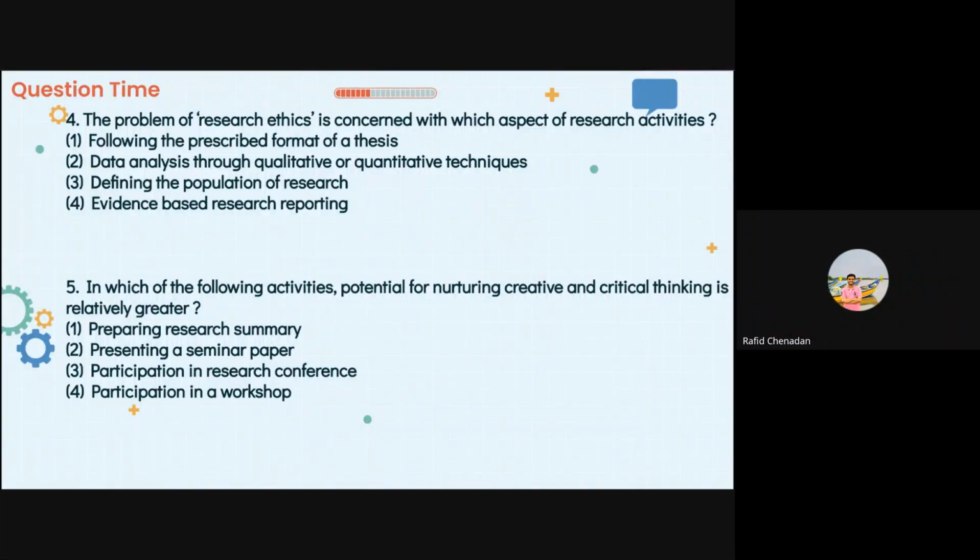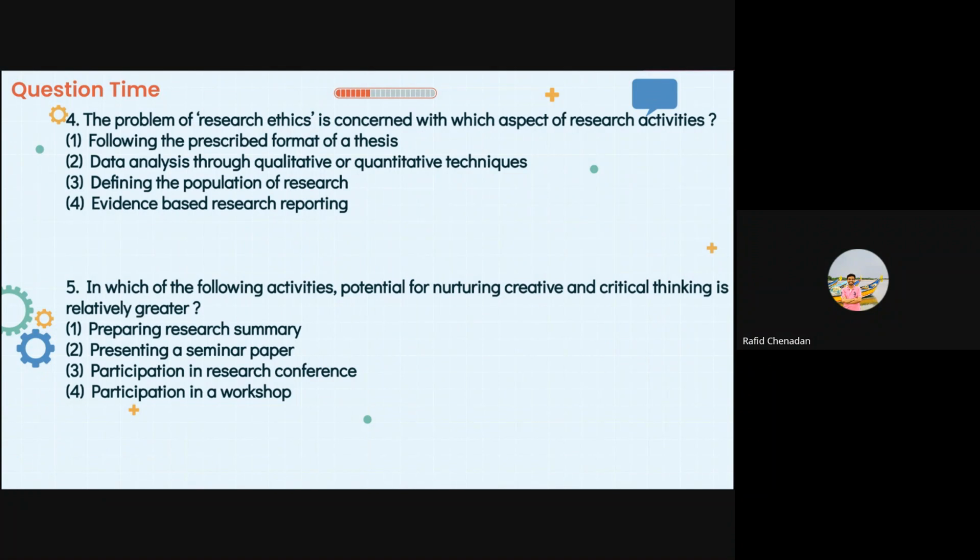But when it comes to a workshop, which is the right answer, you have a greater option for critical thinking, because one workshop involves multiple activities that help you to develop your research skills, and a workshop is more about improving your skills than about improving your content. So there are two things, right? Skill is like the know-how of research. You should know how to do research.